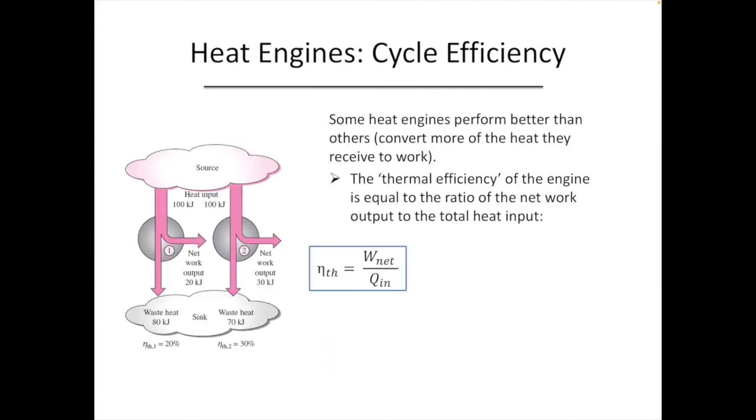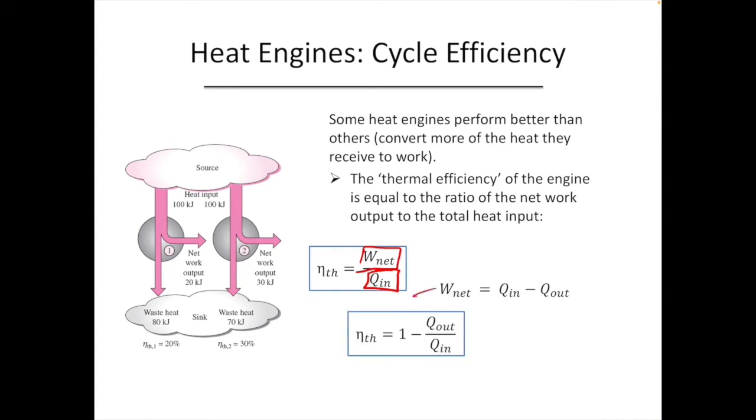So we can say that the thermal efficiency of a heat engine will be equal to the net work output, which is our desired output, divided by our required input, which is Qin. So it's our net work divided by our heat transfer in. But we can say that the net work is Qin minus Qout.